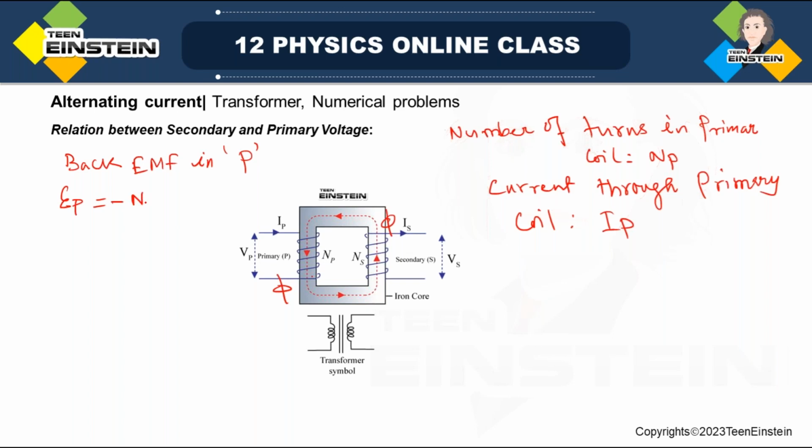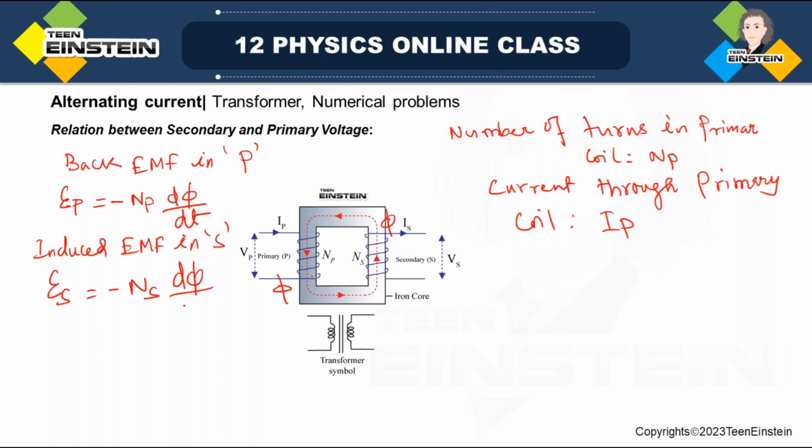So there are NP number of turns, so according to Faraday's law of induction, the back EMF in the primary is NP d phi by dt. Now the induced EMF in the secondary, let us say that is ES, is given by NS d phi by dt.